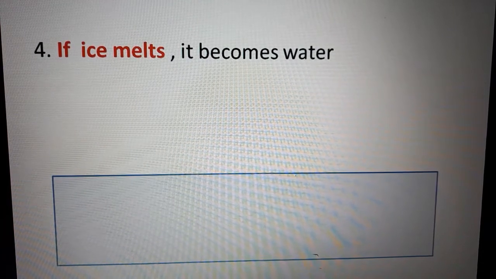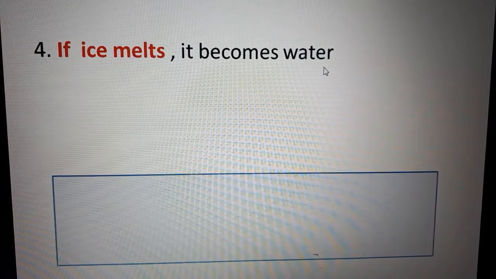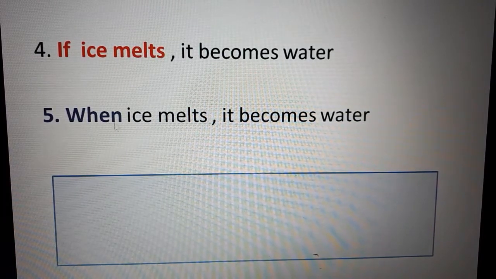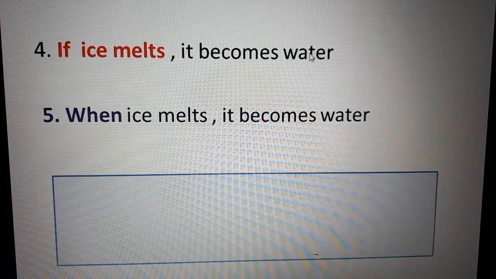Sentence number 4. If ice melts, it becomes water. The same sentence. I didn't change it. Number 5. When ice melts, it becomes water. What is the difference between these sentences? Yes. Look carefully.